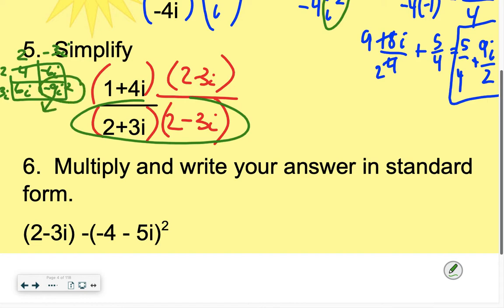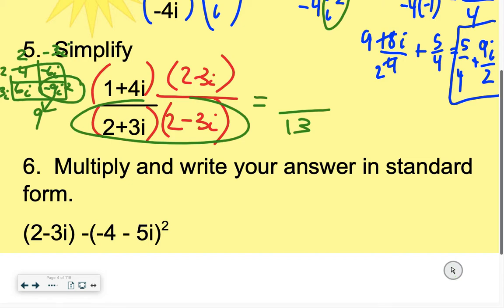And -9i squared, because i squared is -1, becomes a +9. So then 9 and 4 are the real parts, which become 13. And the imaginary parts are 6i and -6i, which cancel. And that's why we multiplied by the complex conjugate, because the imaginary parts will cancel.